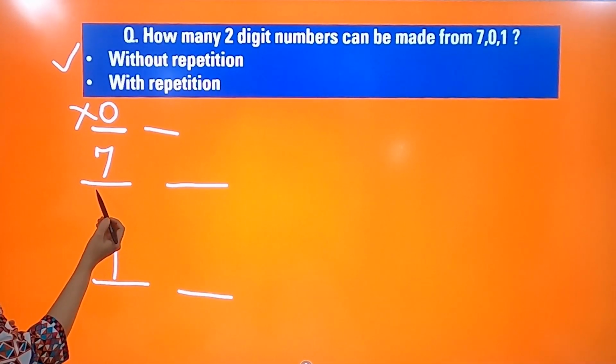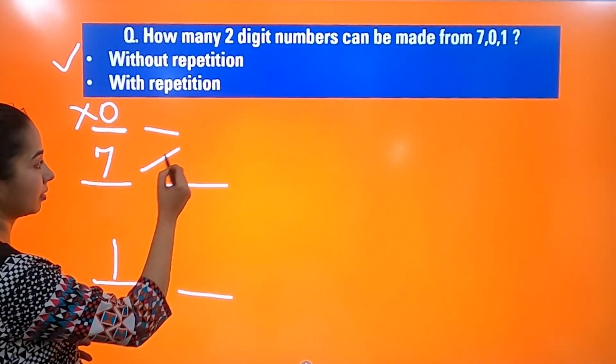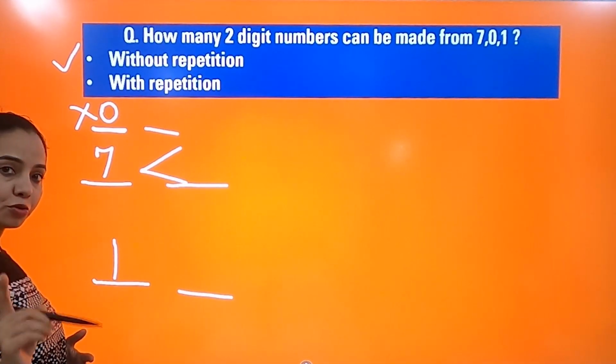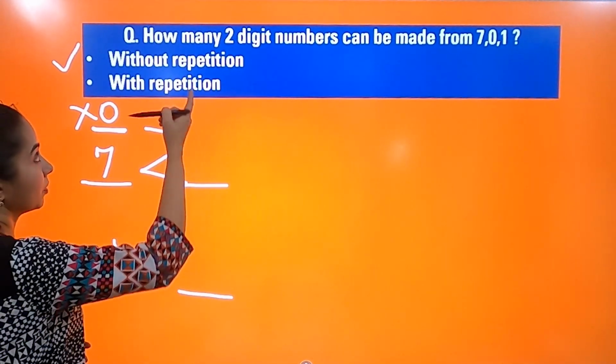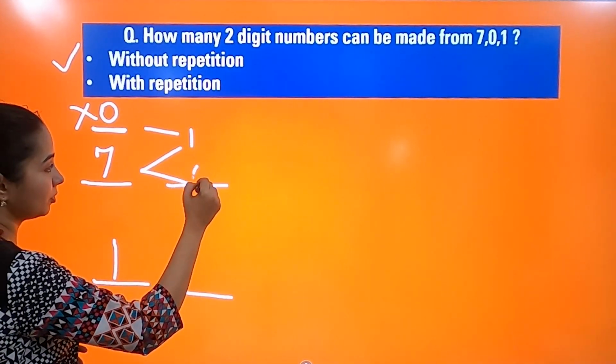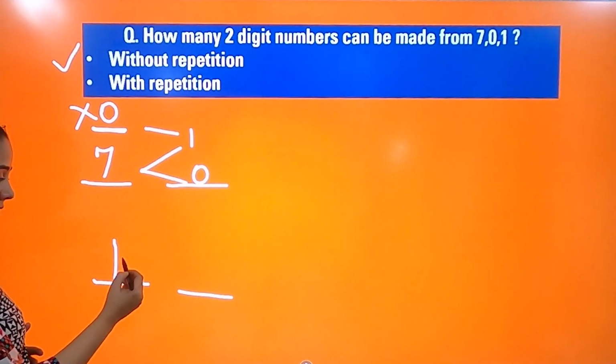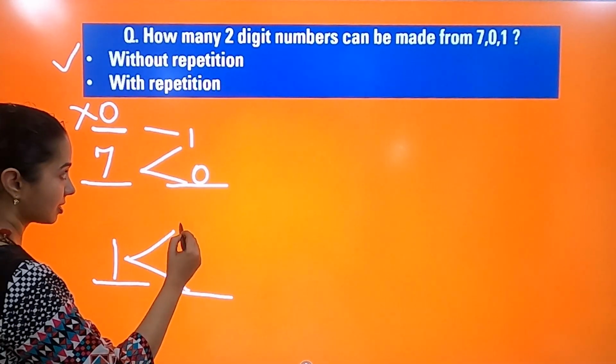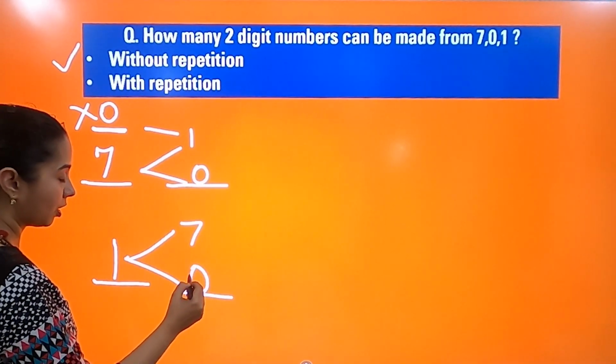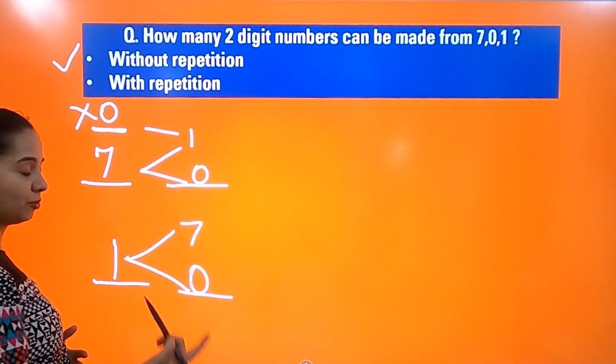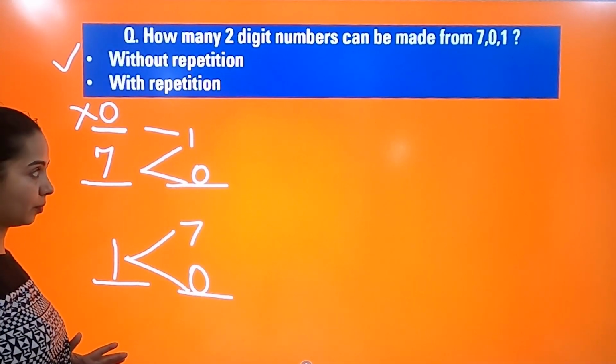Now, since I have used 7 over here, I am left with 2 possibilities only, because I am doing it without repetition. 1 and 0, 7 and 0. Now on the second place I can use 0, no problem about it.